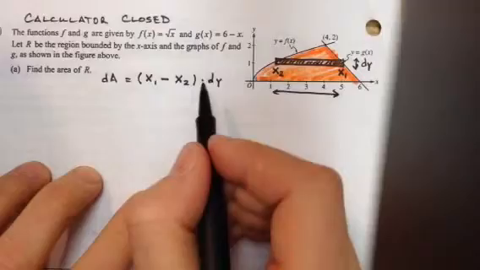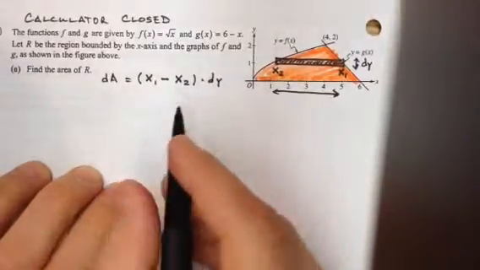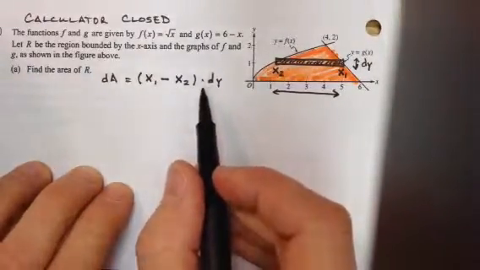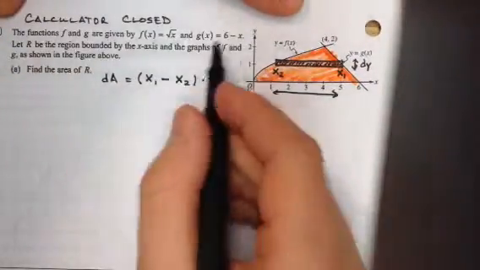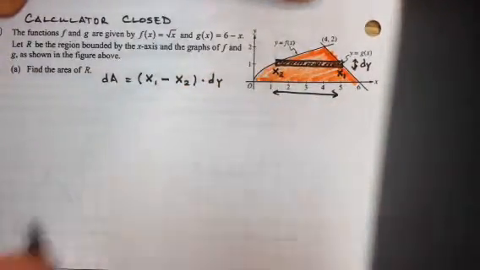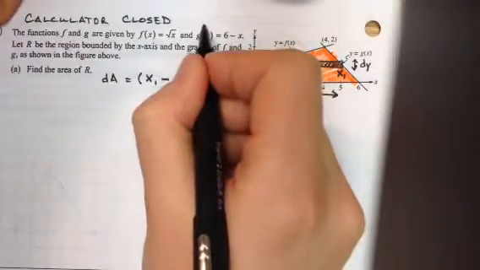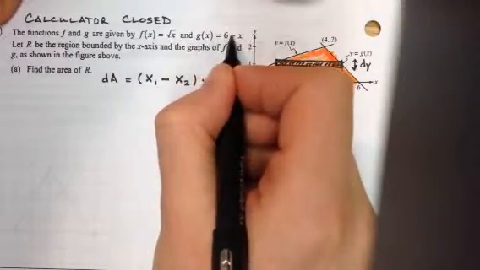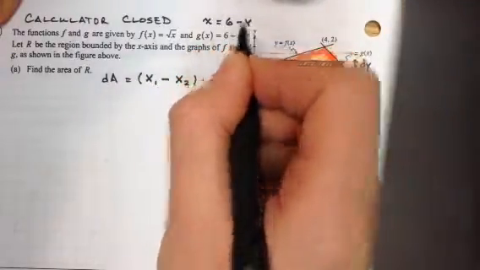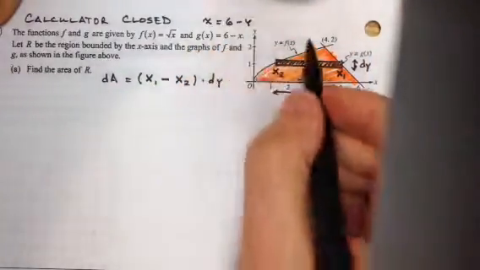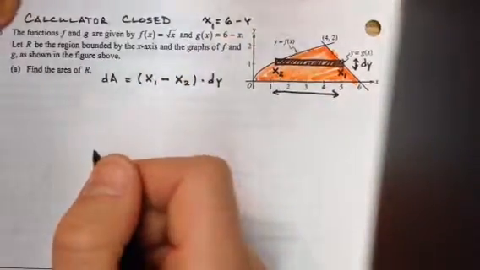Now since this says a little change in y, we know that our final integral is going to have to be completely in terms of y. So what I'm going to do is take these two equations and rewrite them so that they're in terms of y. If y is equal to 6 minus x, then x is equal to 6 minus y. And let's see, that's the line, so that would be x1.